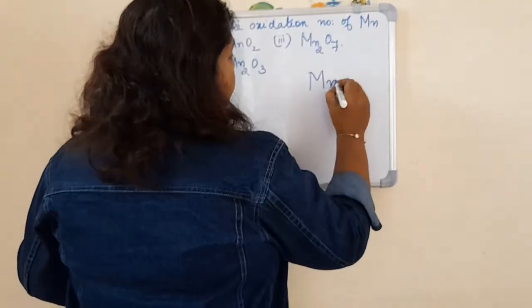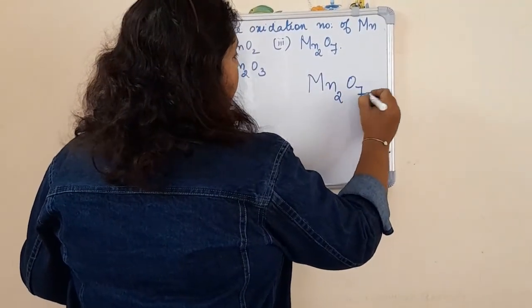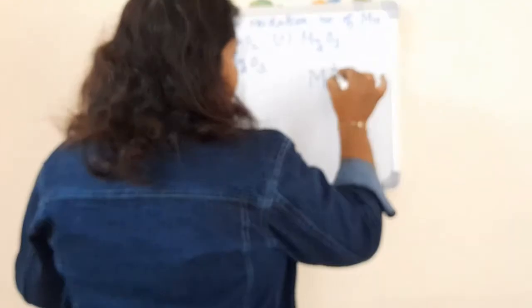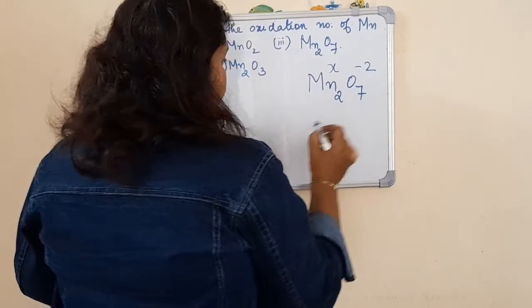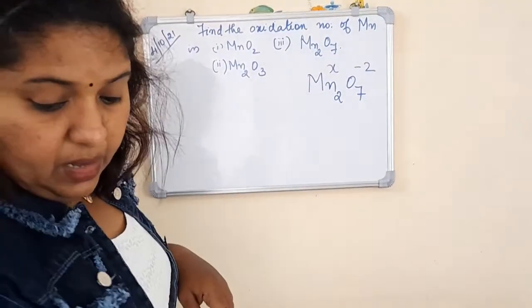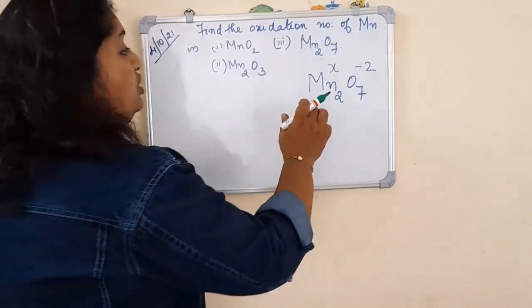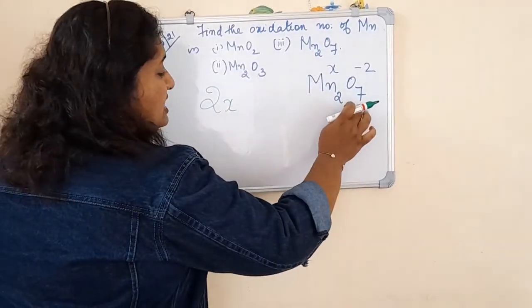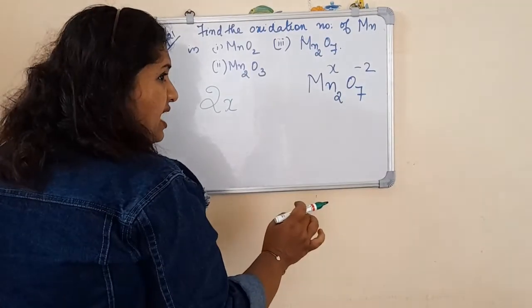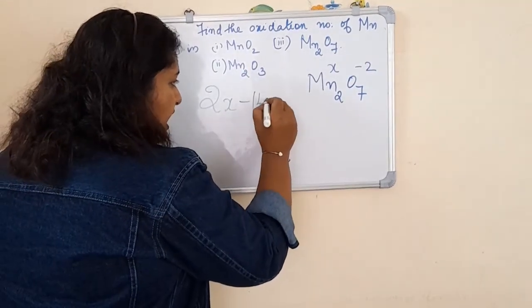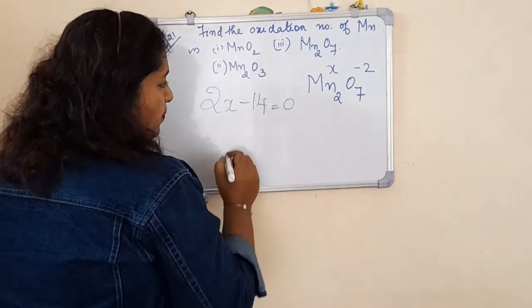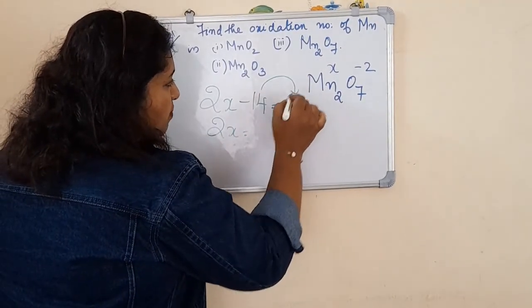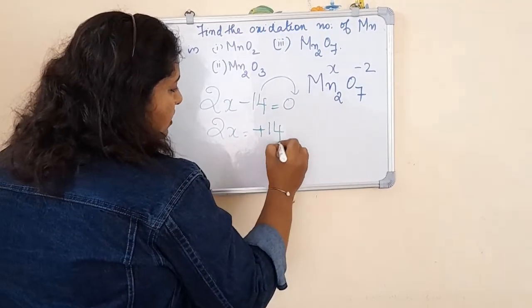Last one is Mn2O7. Here also I am putting x here and minus 2 here. So 2 into x, 2x, minus 7 into minus 2. 7 2s are 14. Minus 14 is equal to 0. 2x is equal to minus 14 going to the opposite side, plus 14.